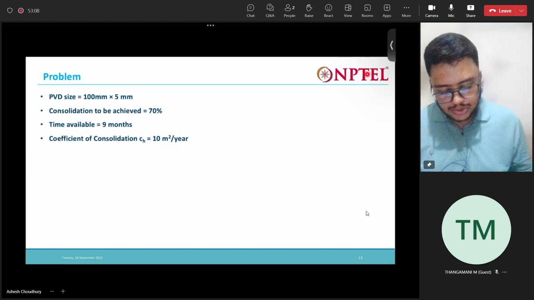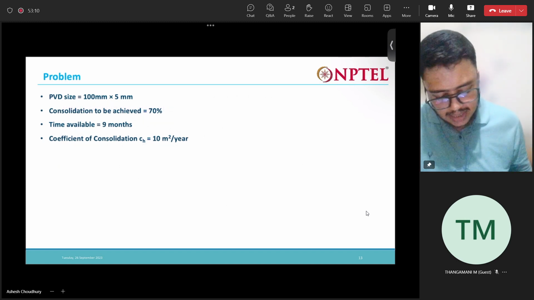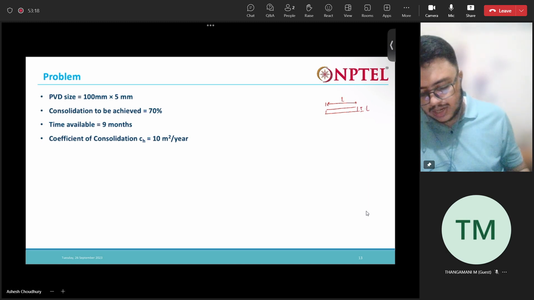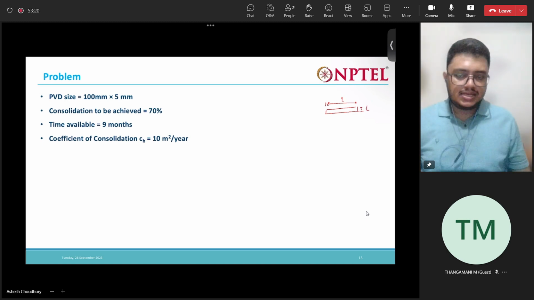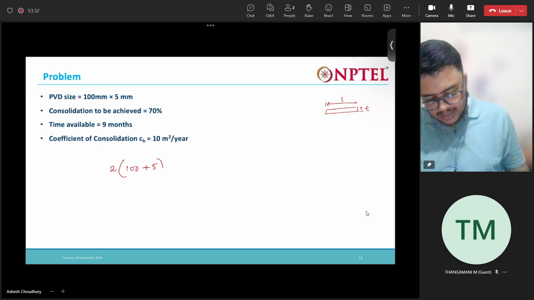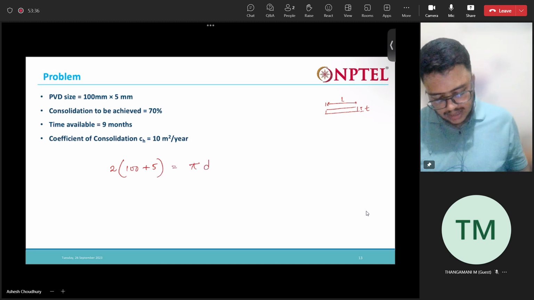These PVDs are somewhat rectangular, so each has a length and a thickness. To get the equivalent diameter, we take the perimeter of the rectangle, 2 times length plus breadth, and equate it to the perimeter of a circle.